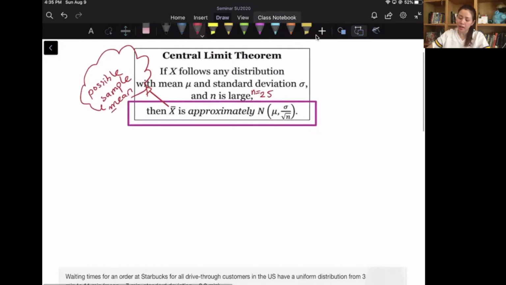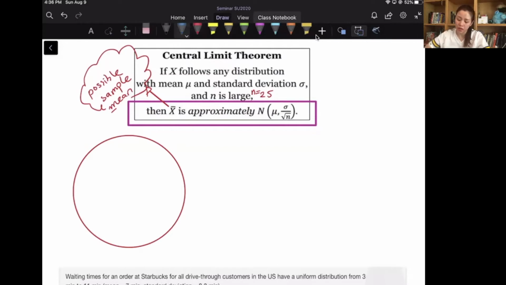Imagine I have a population pool. Within that population pool, I'm going to pick out a bunch of samples, with size at least 25. Maybe I pick out sample 1, and then sample 2, sample 3, sample 4.